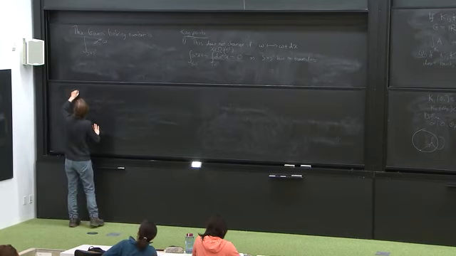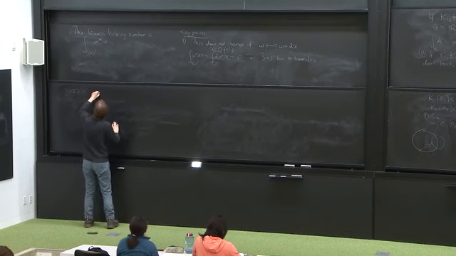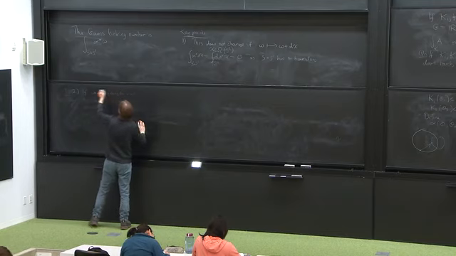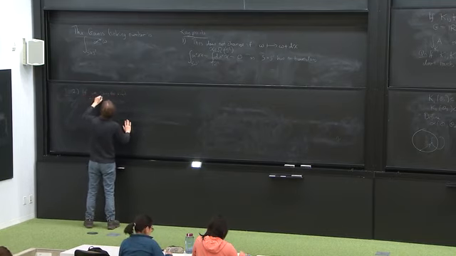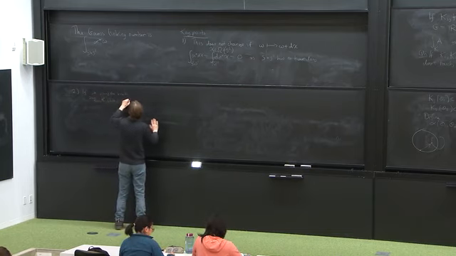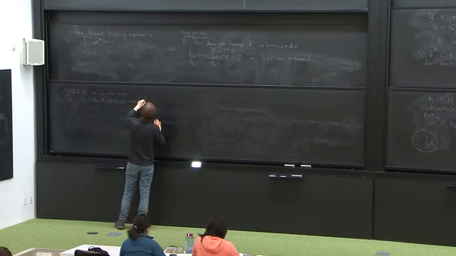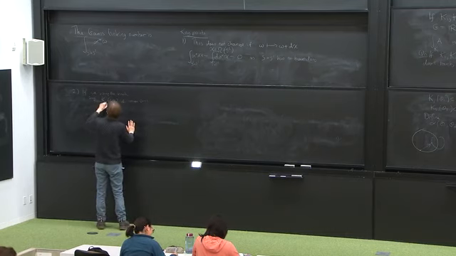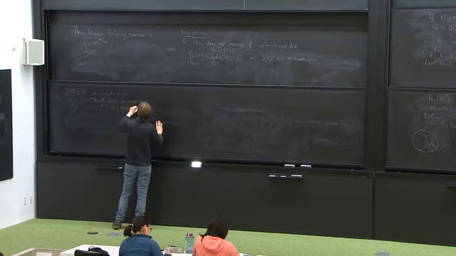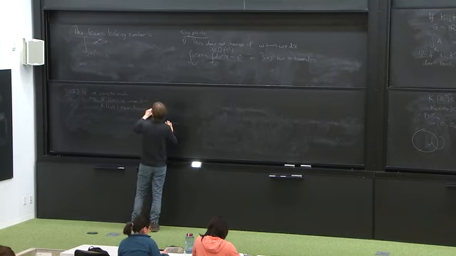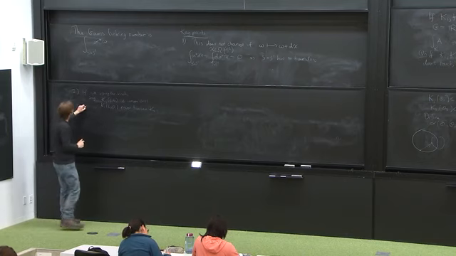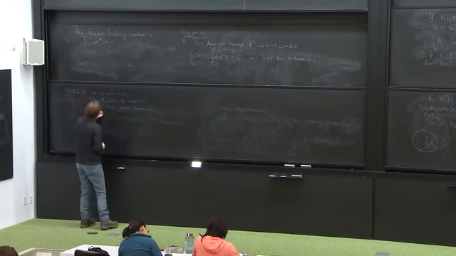So, if we vary the knots, say we introduce k1 of t, theta 1, where t ranges from 0 to 1, and k1 of t, theta 1 never touches the other knot, k2. So I'm just moving this guy a little bit so that it never touches the other one. Then the linking number does not change.